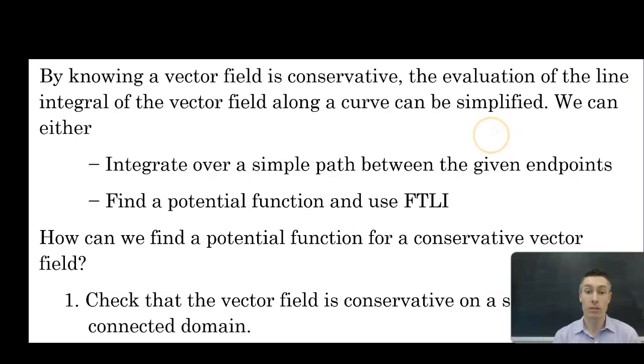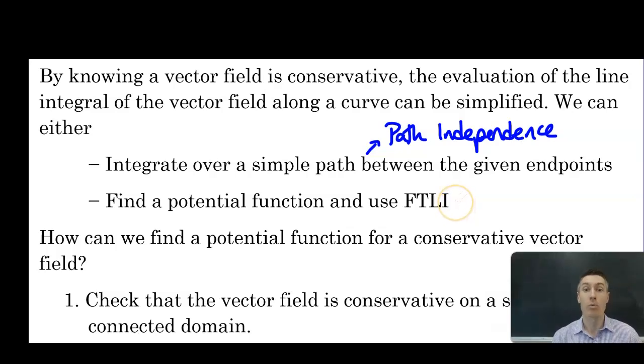If we know the vector field is conservative, we could either integrate over a simple path between the given endpoints. So that's the idea of path independence. Or, really the theme of the video, find a potential function and use the fundamental theorem of line integrals, which I abbreviated here. And that's really what we want to try to do.